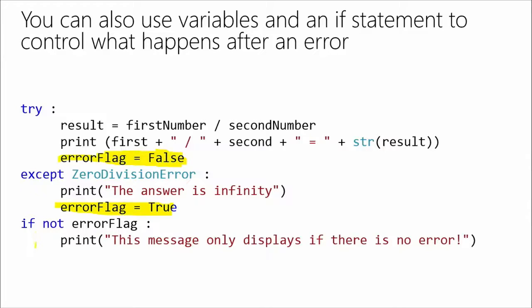Then after we've done all our code, we say, if the error flag is true, then continue executing. You can just write logic that says, if an error occurred, do this; if an error didn't occur, do this. I'm just using a Boolean variable, setting it to true or false based on whether the error occurred. So this is just creative coding. Lots of different ways to tackle problems.